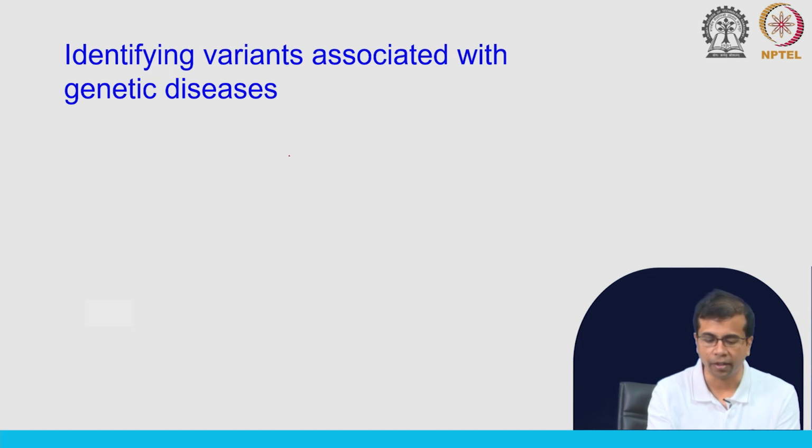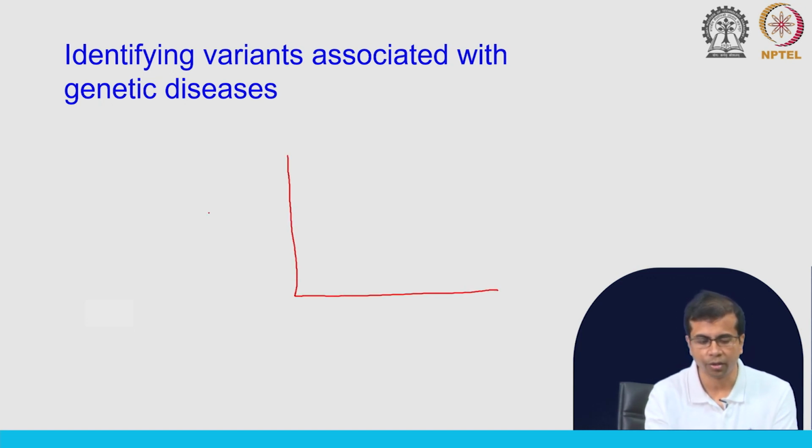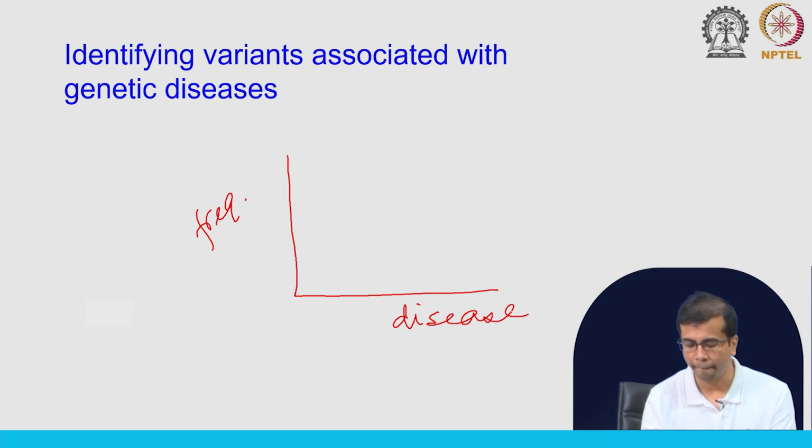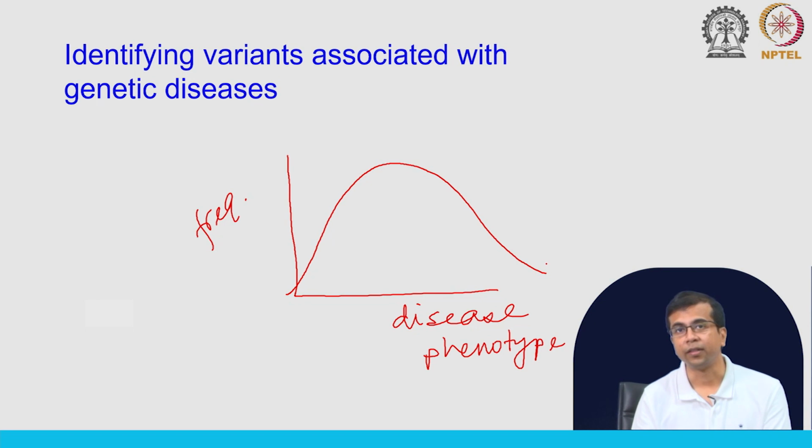So, what I can do is draw something like this. Let us say this is the frequency, and this is the disease phenotype, and maybe the distribution looks something like this.